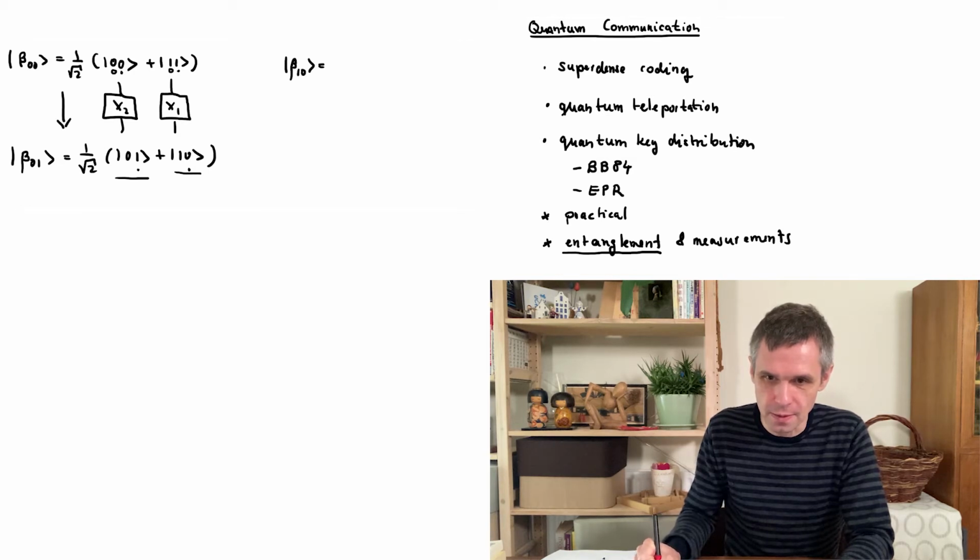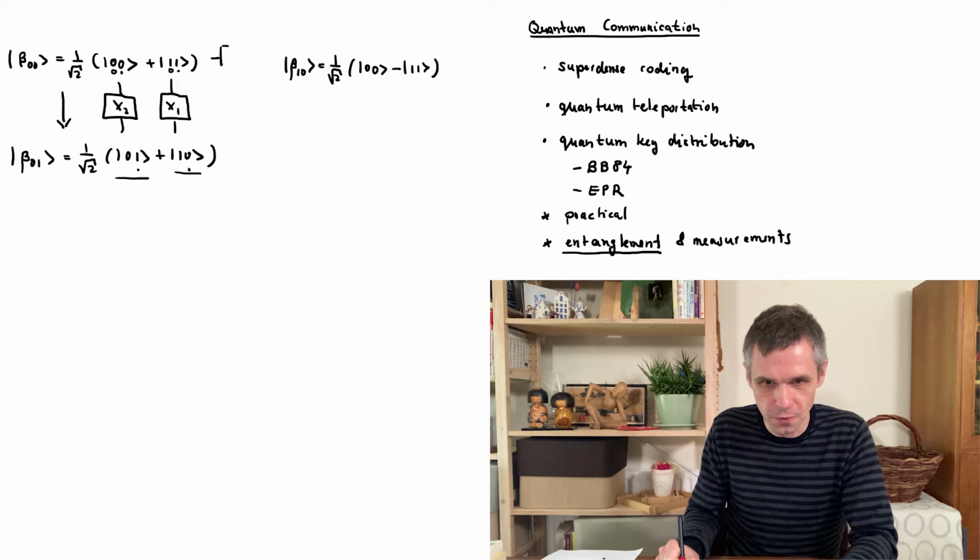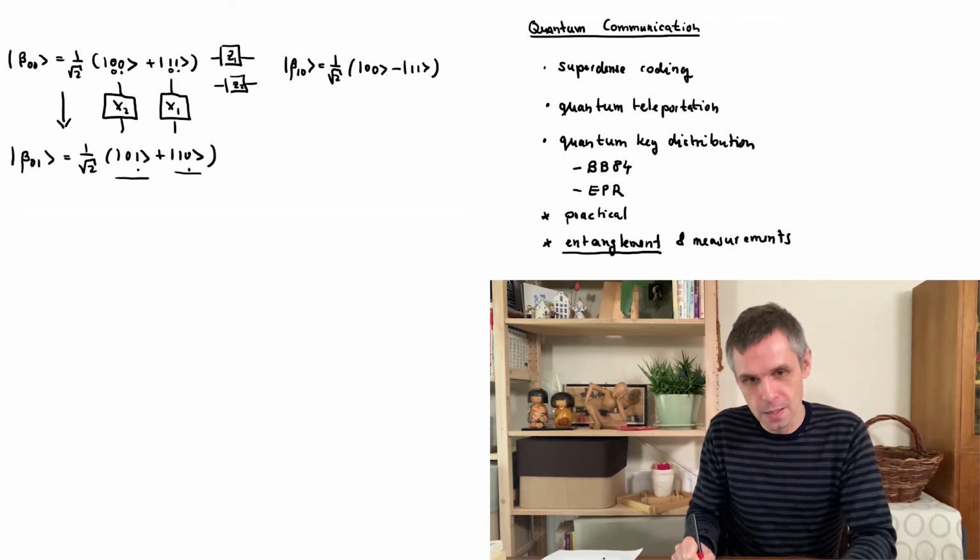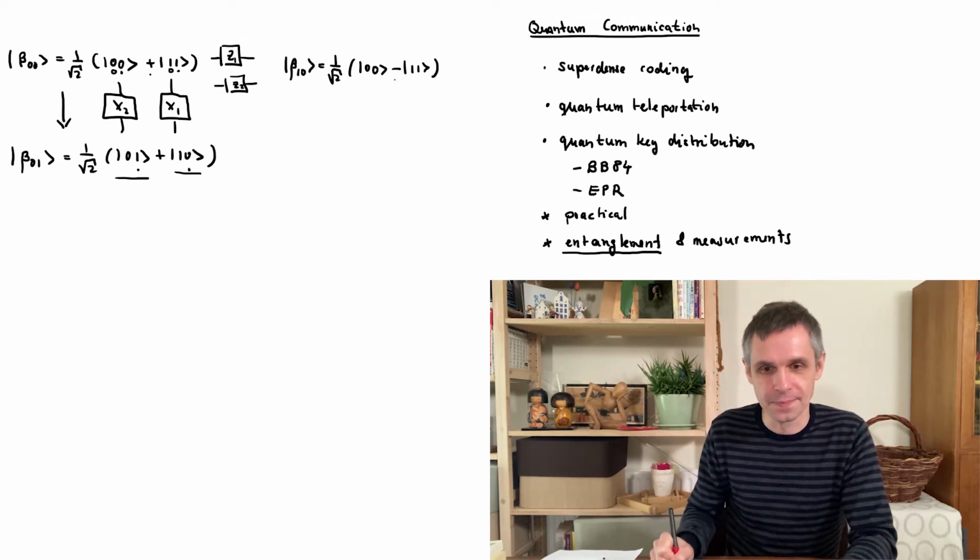For instance, this one here, which we can obtain from the first one by applying a Pauli Z gate. And again, we have a choice. We can do this either to the first or to the second qubit. This will simply convert this plus sign into this minus sign here.